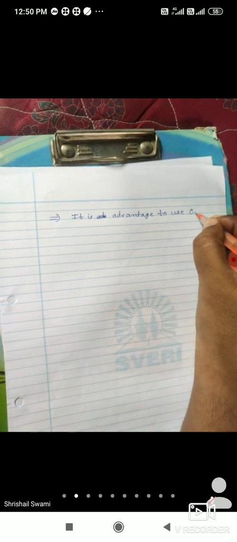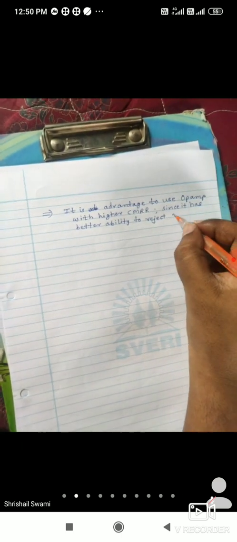It is an advantage to use an op amp with higher CMRR since it has better ability to reject or eliminate the common mode input signal, the common mode input voltage, such as noise.